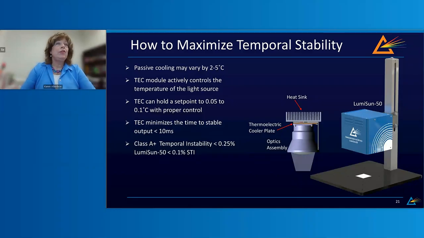And I'm also showing you a quick look at what is inside LumiSun 50, in case you've only seen the outside, which is better than Class A+. So in the picture, you can see there's a heat sink coupled with a thermoelectric cooling plate, and the general optics assembly. So that's what's inside, so that you get the high precision and accuracy that you see on the outside in the illumination field.